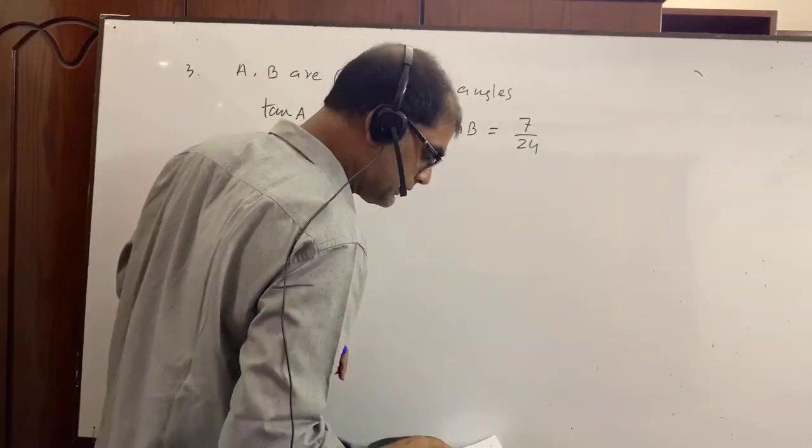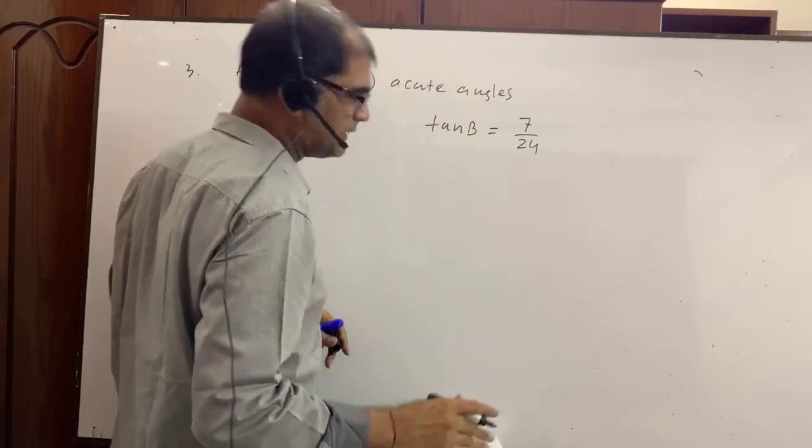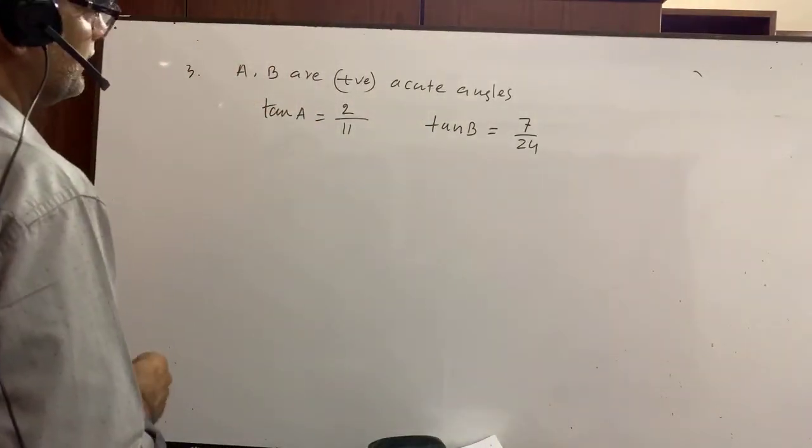You have to find the value of cot of A minus B and tan of A plus B. Okay, very good.